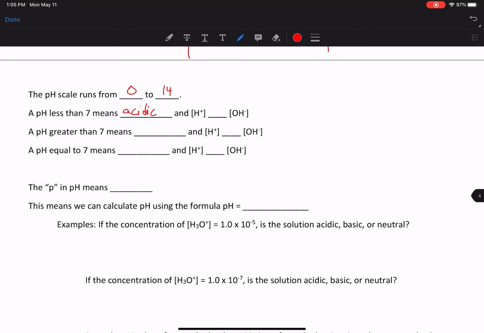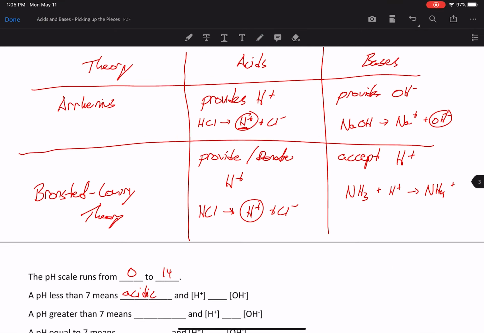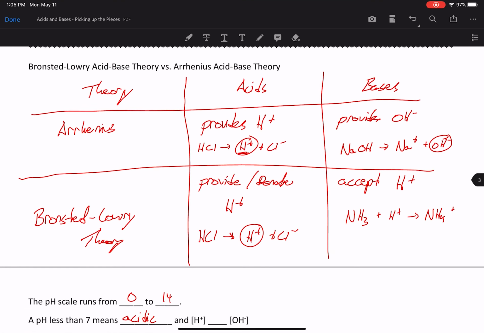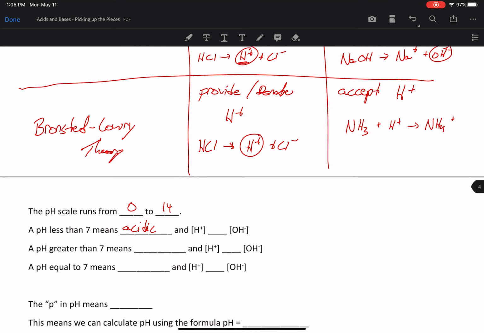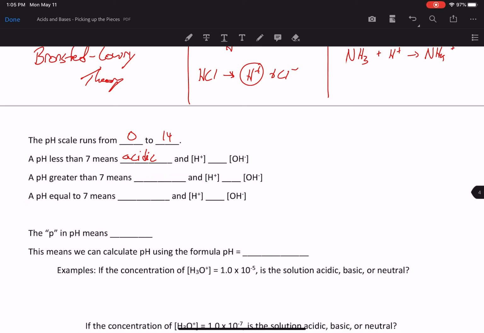And just going back up to this chart up here, look at the Arrhenius acids and bases. So Arrhenius acids provide H+, Arrhenius bases provide OH-. So if you have an acidic solution, you're going to have more acid than base, and so your H+ is going to be much higher than your OH- concentration. So we'll put a greater than symbol there.